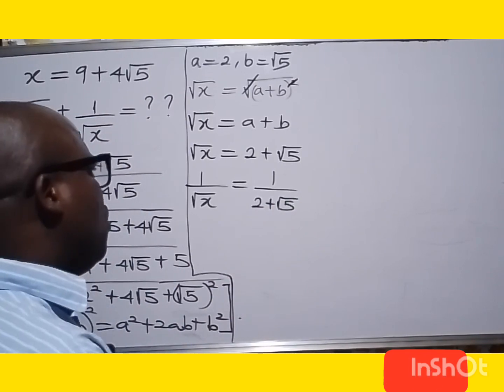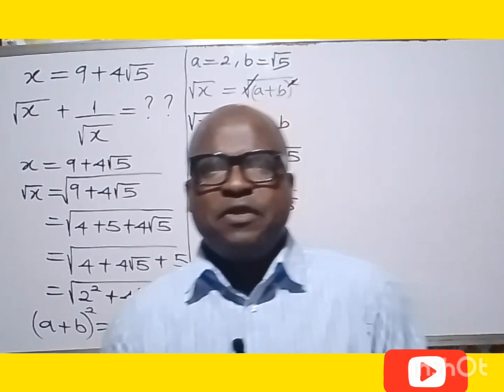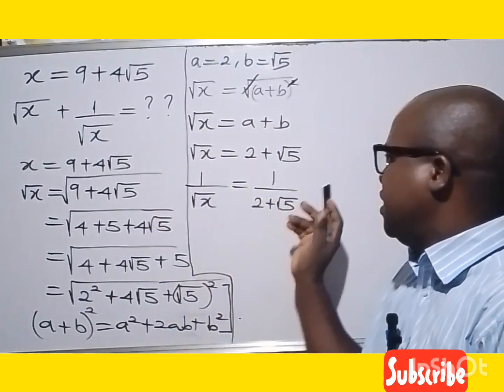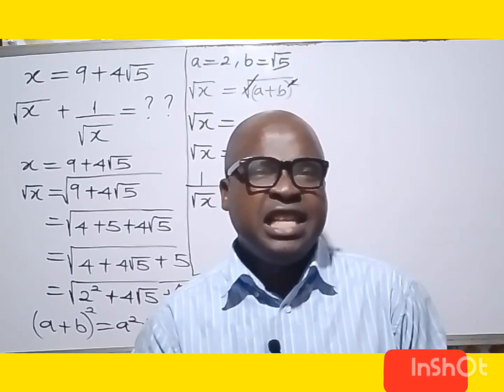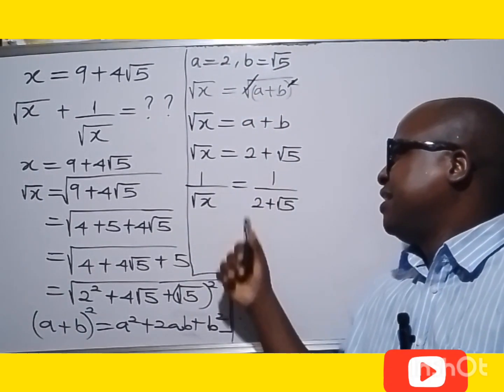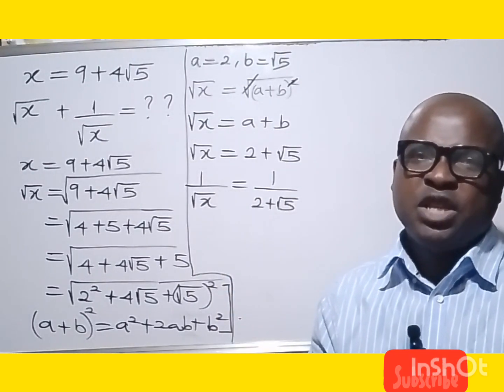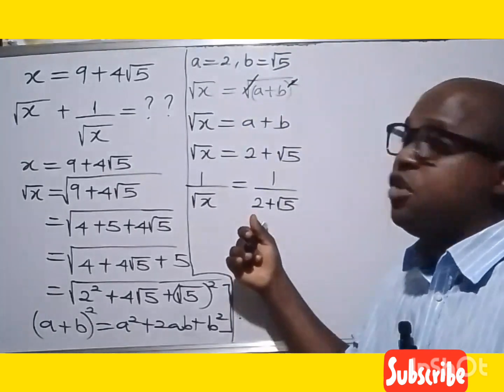And you know, whenever you want to simplify something of this nature, a fraction, in short, we need to rationalize this particular term. How do we rationalize? We first need to get the conjugate of the denominator.